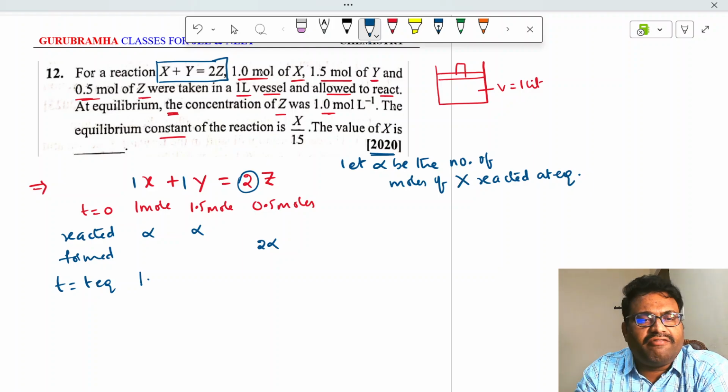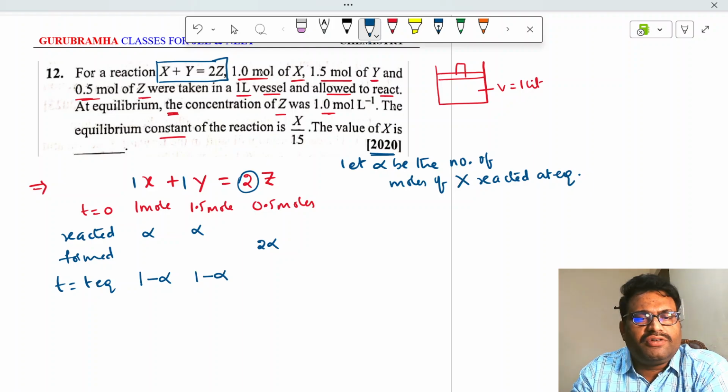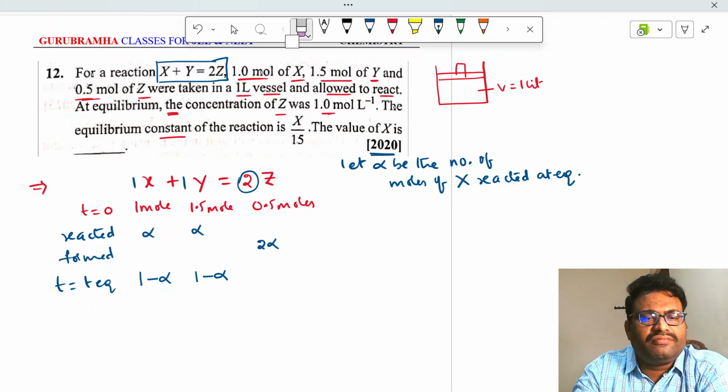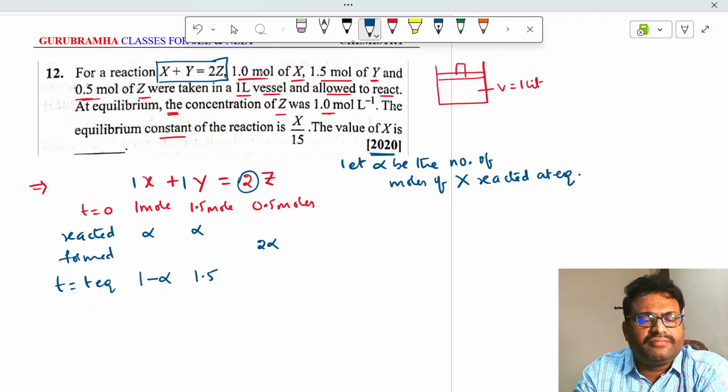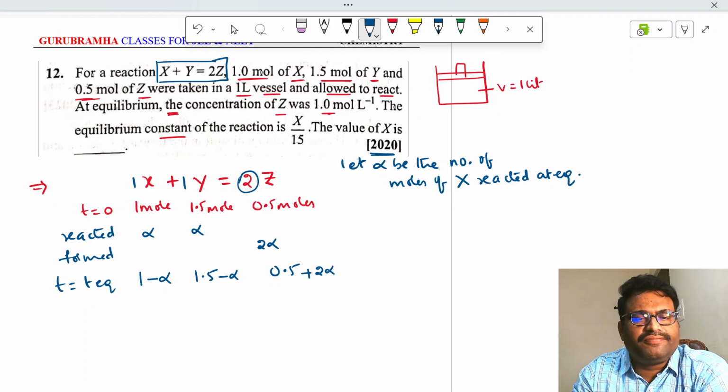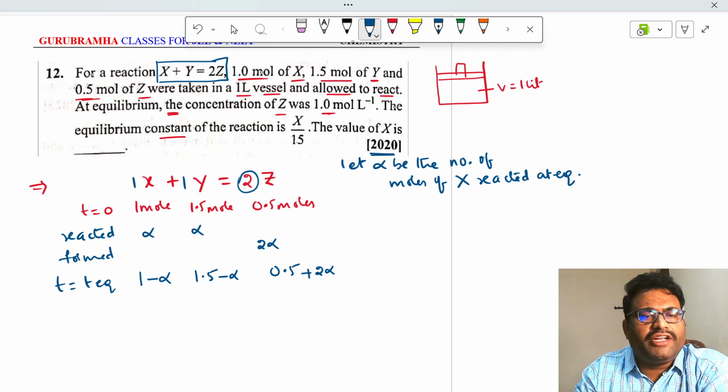How much reacted? Alpha. So remaining is 1 minus alpha.